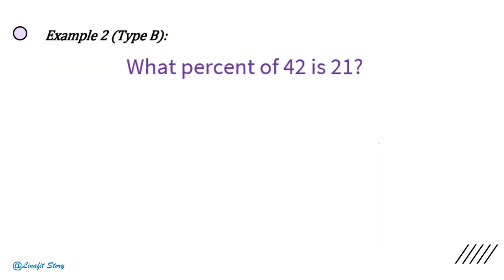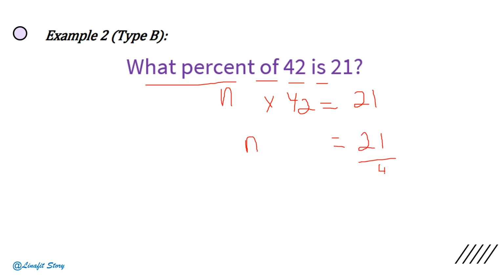Example 2, type B. What percent of 42 is 21? We translate the sentence into an equation. What percent means n, of means we have to multiply 42, is means equals, 21. Then how to get n? n equals 21 divided by 42.